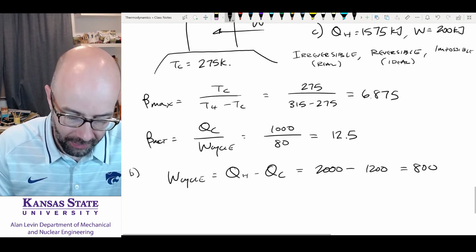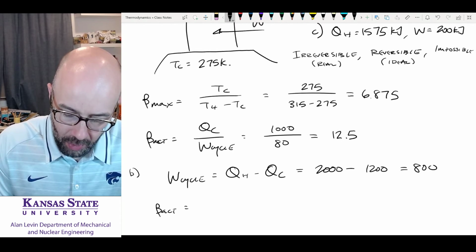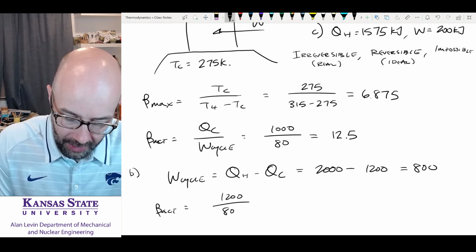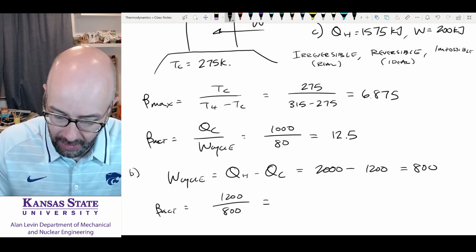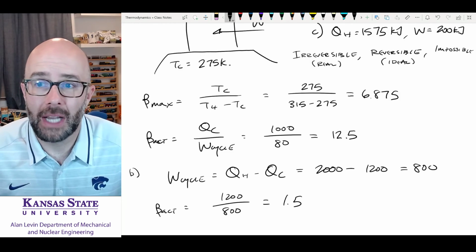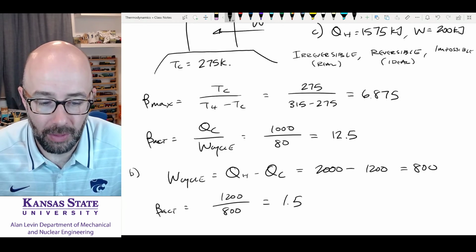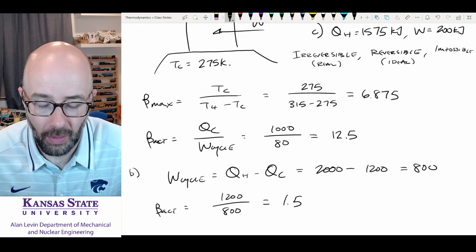And so now for our beta actual, we have QC, which is 1,200, divided by the work of the cycle, which is 800. That gives us a number that's 1.5. Well, that's well under our maximum, so we can say that's an irreversible situation.